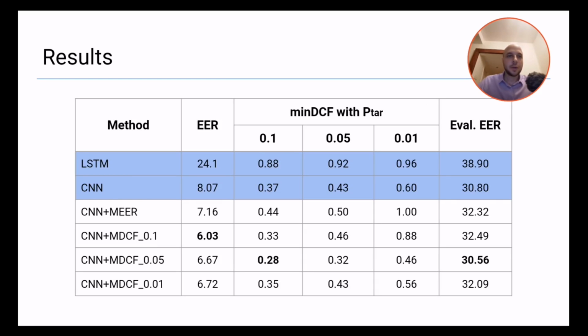Here I present the results of our experiments. The first two rows show the results of our baseline models, long short-term memory and convolutional neural networks. You may notice that the convolutional neural network dramatically outperforms the long short-term memory. Also, we explore the mean DCF performance measure.